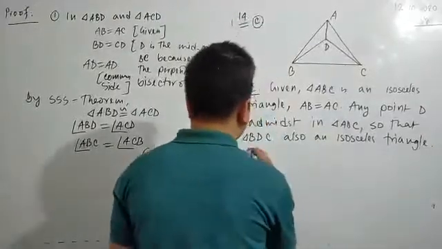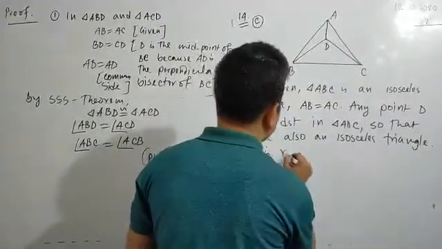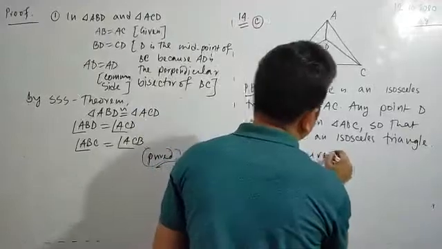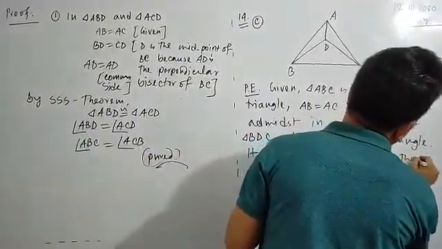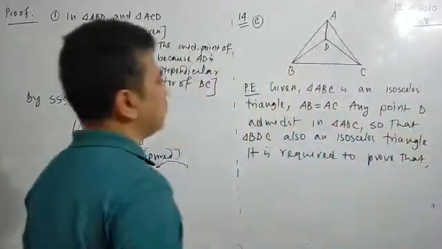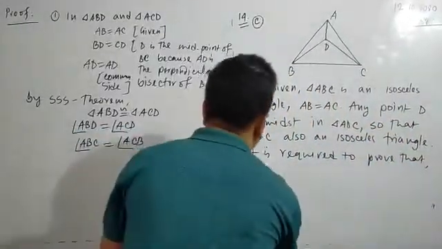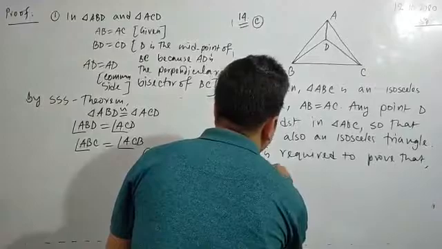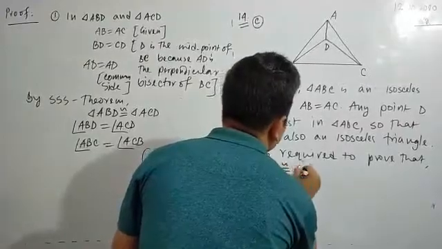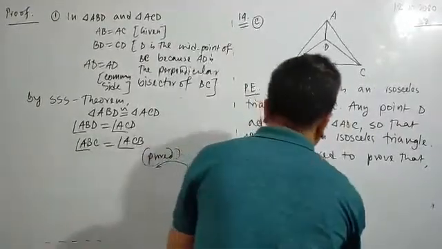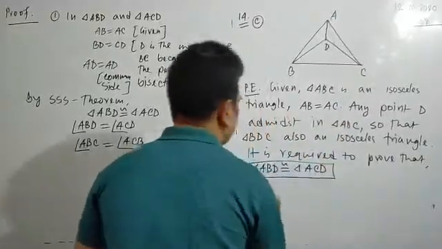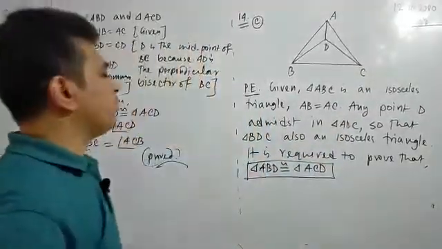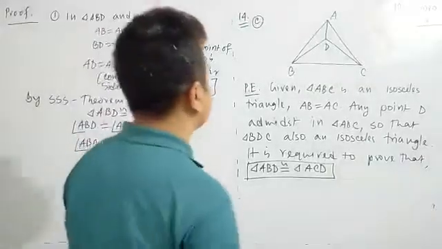It is required to prove that triangle ABD is congruent with triangle ACD. That is our requirement.